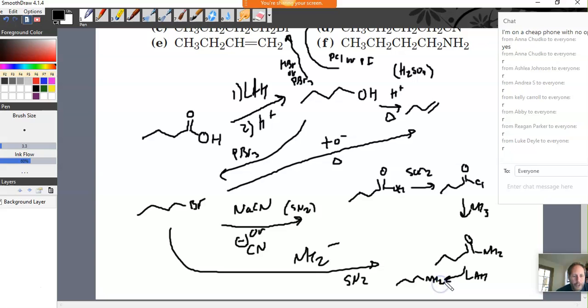And you get the amine. I'm not sure how the answer book does it, but either one of these ways will work. If you have the answer book, let me know if they do the SN2 or the amide for that amine. It's not important. Either way is fine.